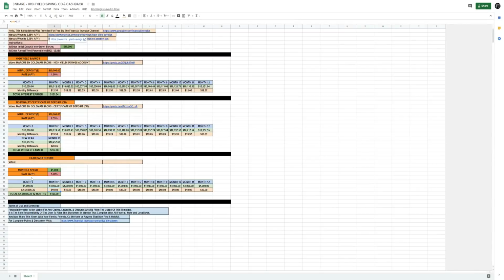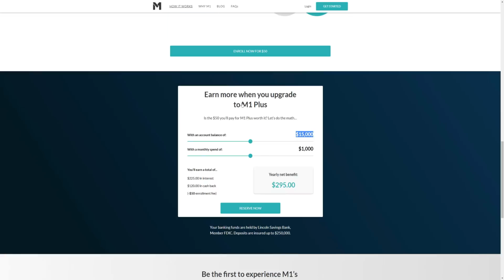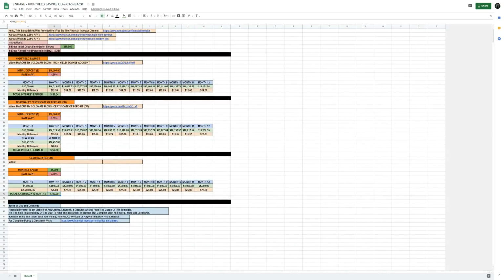So right off the bat, if I bump this up to 2.5%, that $1,000 I would spend every month becomes $25, and over the course of 12 months, it becomes $300. So for my normal spending of $1,000 per month, instead of $120 it becomes $300. That's a bit of a difference as far as spending.